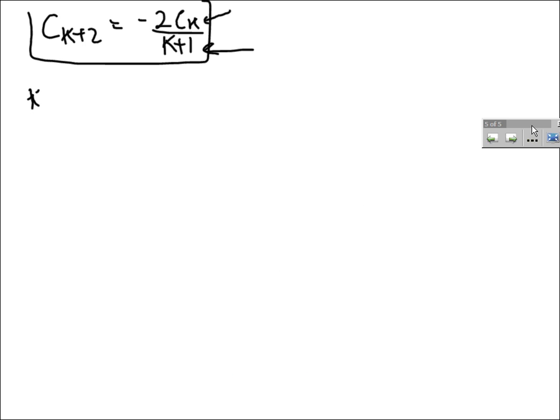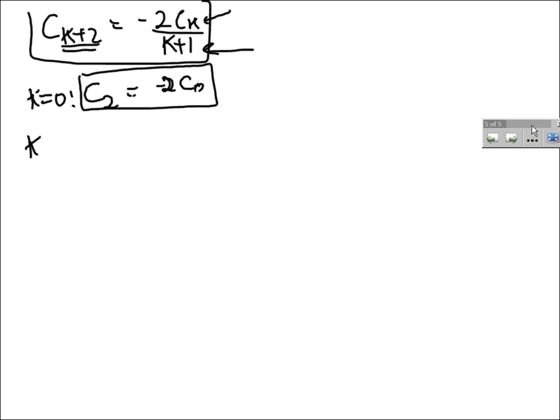So if K is 0, 0 plus 2 is 2. And it equals -2 C0 over 0 plus 1, or 1. The rule for dividing by 1 is don't bother. So that is what C2 equals. Now when K is 1, 1 plus 2 is 3. C3 is -2 C1 over 2.